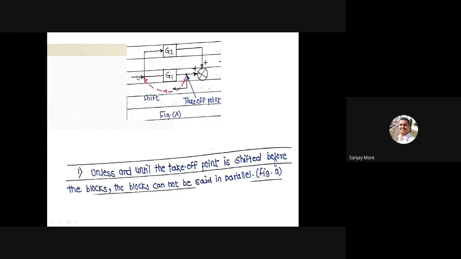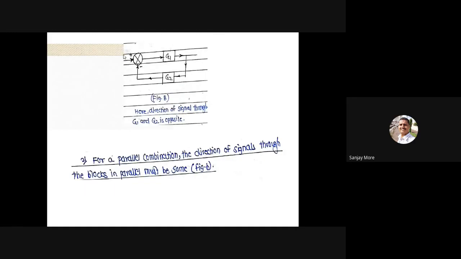Means this takeoff point is shifted to here, or this takeoff point is shifted to here. So these two blocks are not in parallel. This is diagram number 1 and diagram number 2.